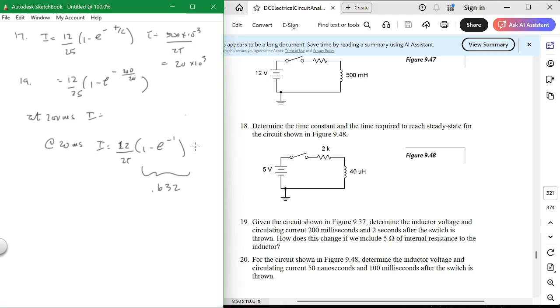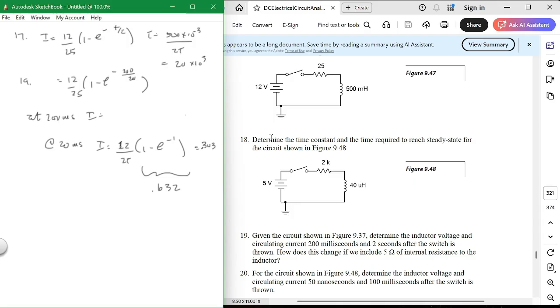So if you were to do it at 20 milliseconds, I would be 0.303 amps, because this is only 25 ohms up here. So that's basically 0.303 amps.